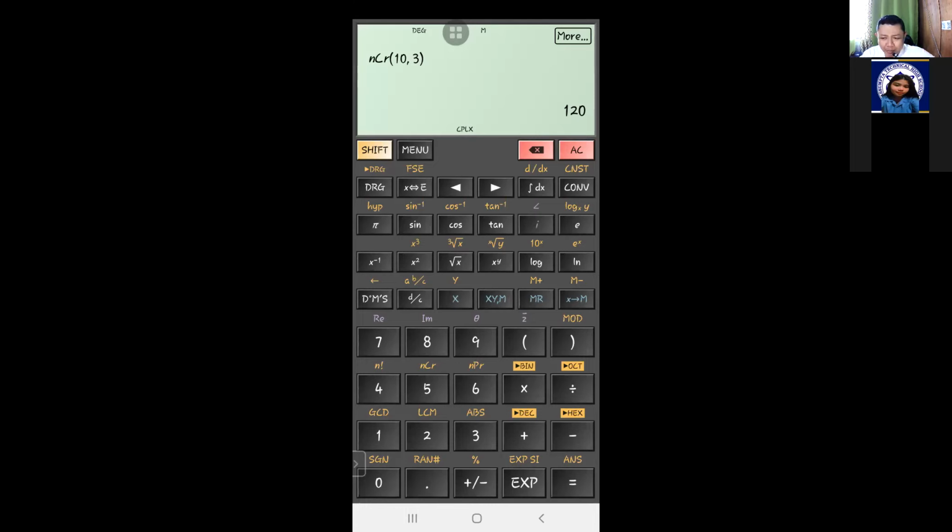Do you see that NPR on top of number 6? Do you see the NPR on top of number 6? Yes or no? Where do you think can we use that NPR? Type it in the chat box. Let me see. Where do you think can you use that NPR?